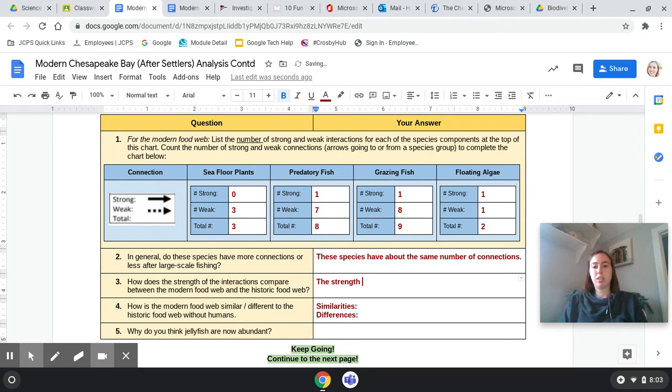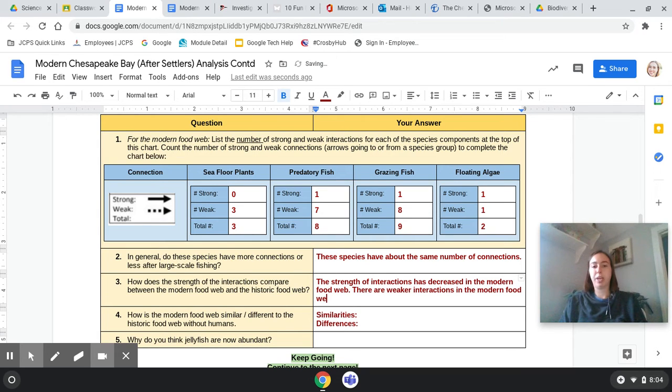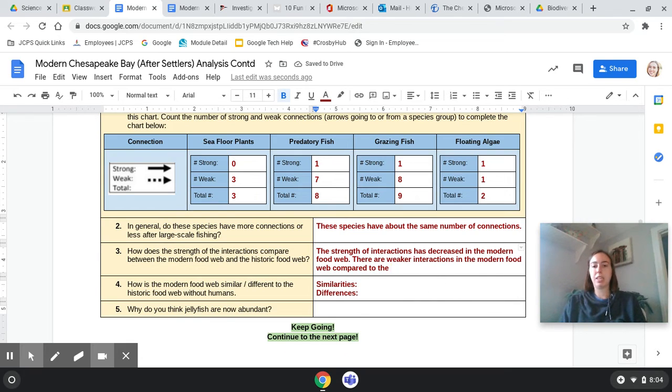The strength of interactions has decreased in the modern food web. There are weaker interactions in the modern food web compared to the historic. And so we've answered question number 3.